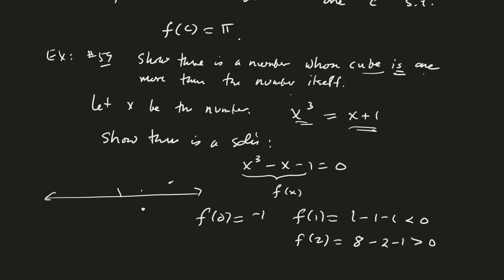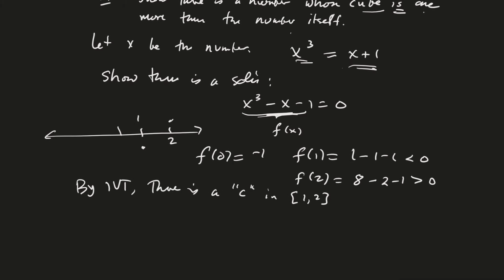Good. So therefore we know that this is 1 and this is 2. And so by the intermediate value theorem, notice that f is continuous because it's a polynomial. There is a c, or a solution, in the interval, in this case, from 1 to 2, where f of c equals 0, which is the solution to our problem.